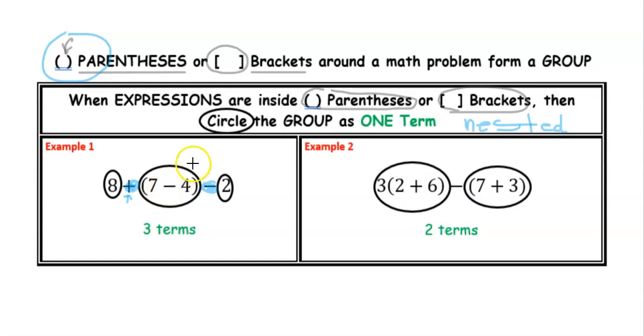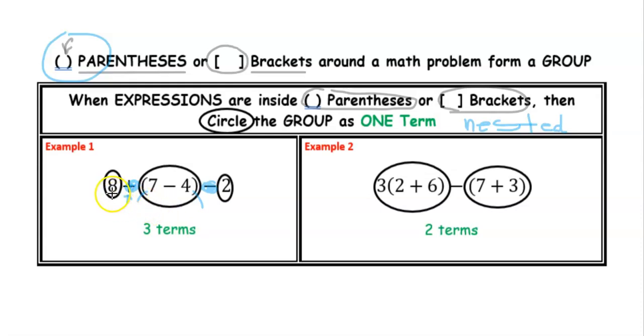That is considered a group, and it's considered its own term. So we're not going to split it up into 7 and 4. We're going to leave it lumped together because it's got parentheses around it, and so that makes it its own term. That's a little bit complicated because of what we did yesterday, but just know when it's inside parentheses and there's a plus or a minus, you do not highlight it, because this is a nested term. So it's grouped as its own term.